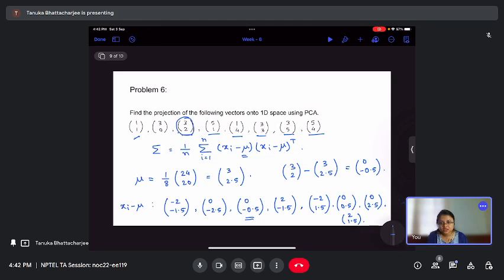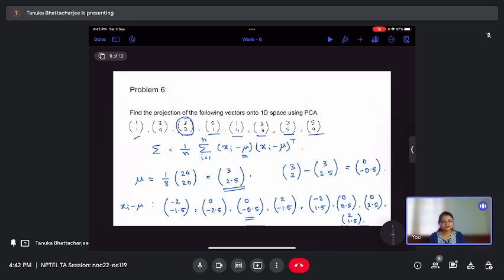You are computing x minus mu. The mu you got is 3, 2.5, so you simply have to subtract this mu vector from your x3. So 3, 2, from that you minus 3, 2.5. 3 minus 3 gives the first coordinate as 0, and 2 minus 2.5, the second coordinate, you will get as minus 0.5. Okay, ma'am. Thank you.